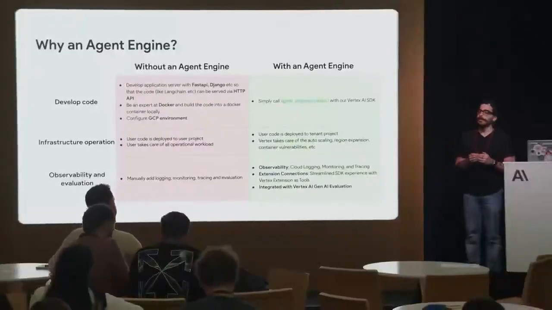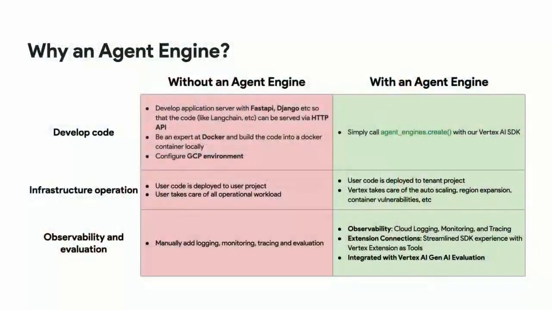So for the last part of this presentation, I want to show you how you can easily deploy the agent on Agent Engine. In order to do that, let me first introduce what an agent engine is and why you need one like this. Essentially, when you need to deploy an agent at scale, you need to figure out a lot of complexity, right?